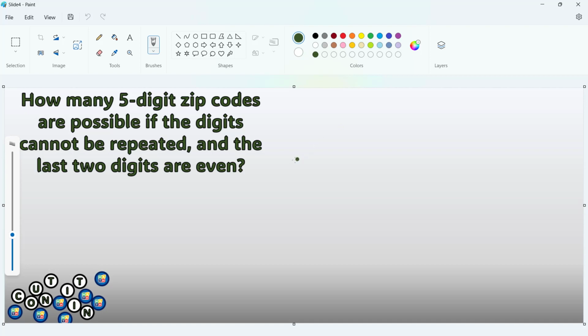Take note, we have a 5-digit zip code, so 1, 2, 3, 4, and 5. However, we cannot use 10 digits for all the placements, because the first restriction is that the digits cannot repeat.